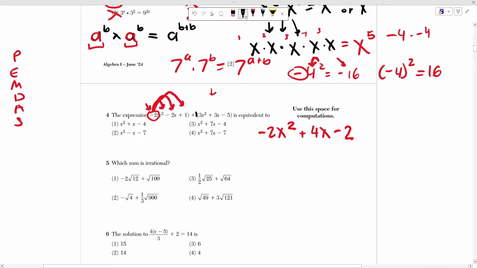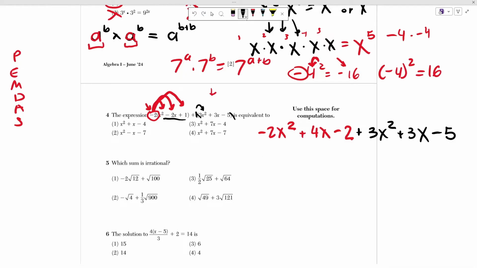Or you can do 1 times 3x squared, which is just +3x squared, 1 times 3x, which is just 3x, and 1 times -5, which is still -5, okay? Same thing. So when you have a number outside, you multiply it by whatever's inside, and when you don't have a number outside, then you could just get rid of the parentheses like that, okay? Except if this was a minus, then you'd have to multiply everything by -1. But because it wasn't, we don't have to worry about that.